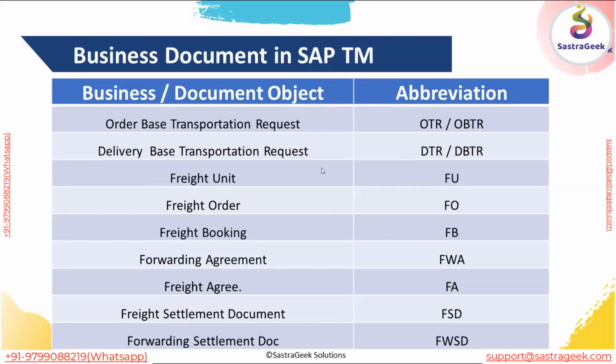Make a note of these abbreviations, because everybody in the TM world will talk only in abbreviations. This is quite a helpful slide. I suggest you take a note of what the abbreviations are, what is FWSD, what is FSD, what is FA.